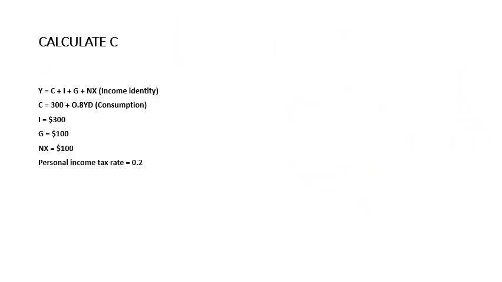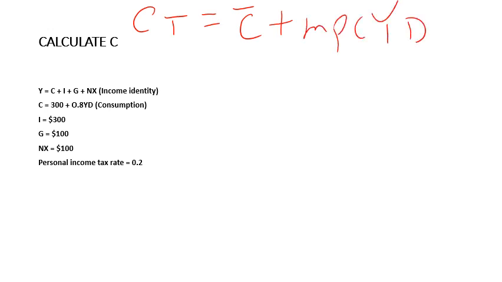Calculate C. By C we mean total consumption. So here, total consumption is equal to autonomous consumption plus MPC times YD. We have autonomous consumption, that's 300. We have MPC, there it is again, 0.8.